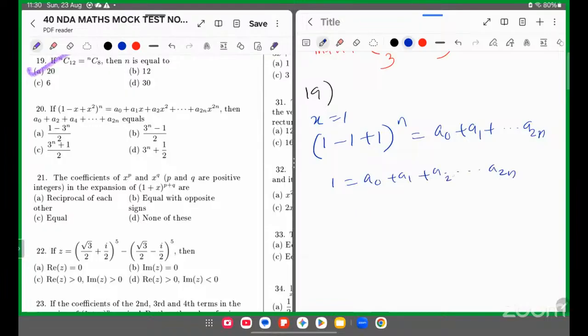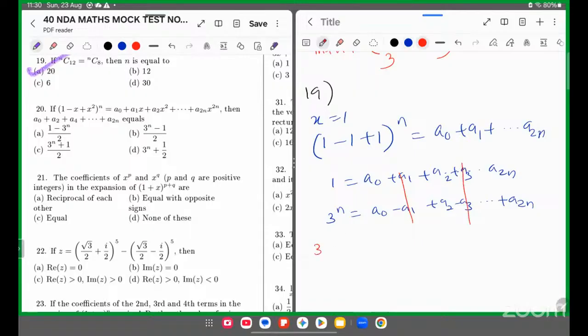A0, A1, A2, A3. If you put x equal to minus 1, it will become 1 minus minus 1, 2, 2 plus 1, 3. So 3 raised to n equal to A0 minus A1 plus A2 minus A3 etc. plus A2n. So if you add these two, the A1 terms get cancelled.